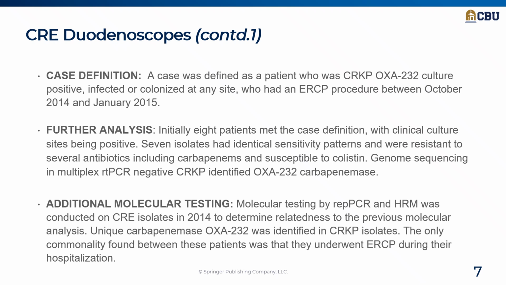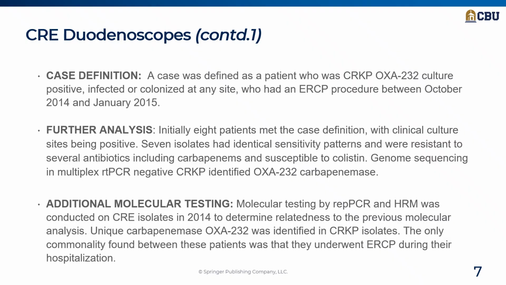7 isolates had identical resistance patterns, resistance to carbapenems and multiple other antibiotic classes, but still susceptible to colistin. 1 isolate that initially tested negative on multiplex PCR underwent whole genome sequencing, which identified the OXA-232 carbapenemase.